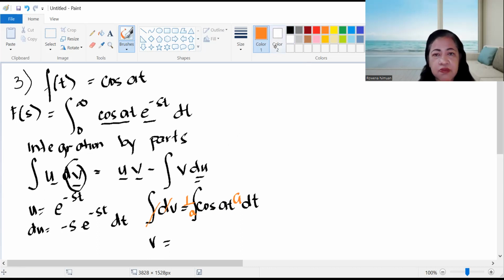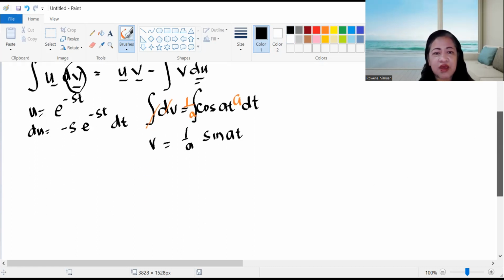So this now will become 1 over a sine of at. So therefore, I have now completed the needed functions.